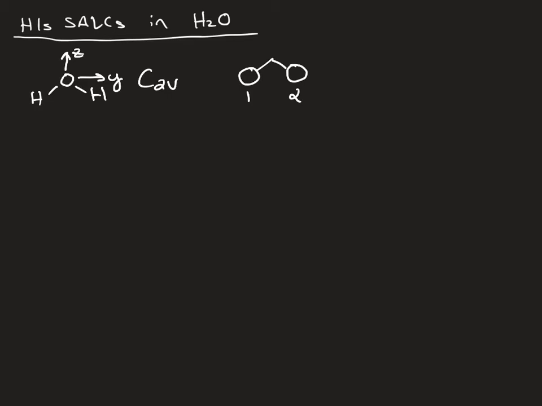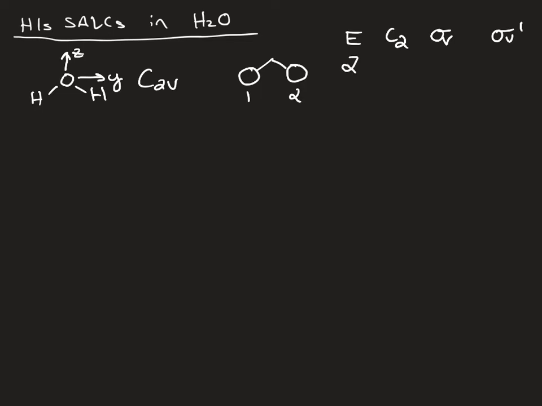So C2v has an E, a C2 axis, a sigma v that's contained in the xz plane, and a sigma v prime that's contained in the yz plane. For E, both of these hydrogen 1s orbitals stay in the same place, so that gets a 2.